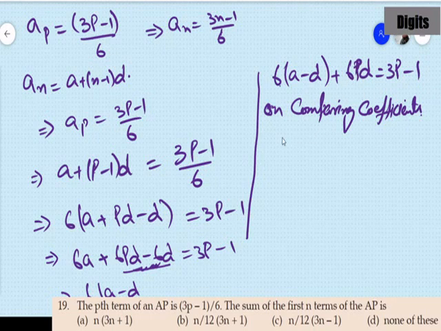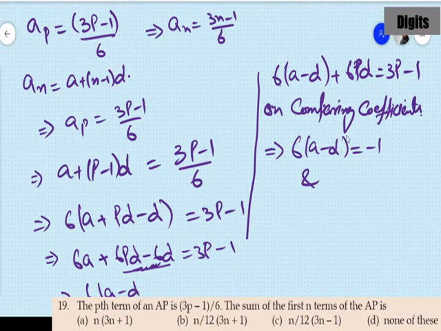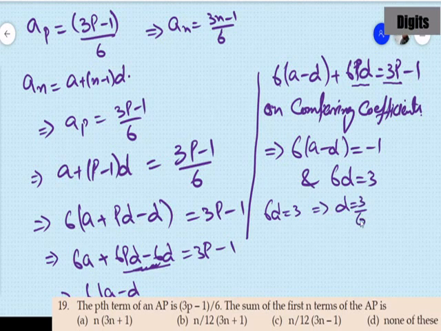That implies 6 times a minus d equal to minus 1 and 6 times d equal to 3, because here I compare the coefficients of p. 6pd was equal to 3p, it implies 6d equal to 3. From this 6d equal to 3, it implies d equal to 3 by 6, which implies d equal to 1 by 2.